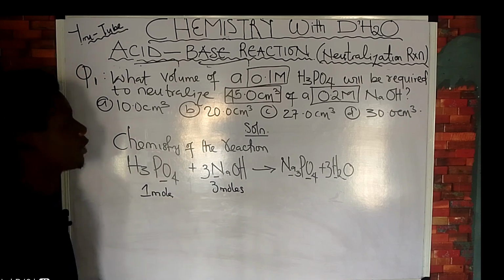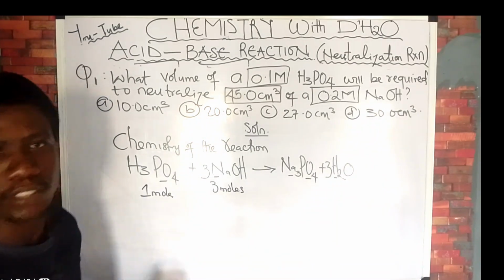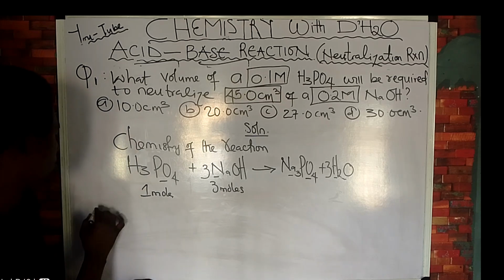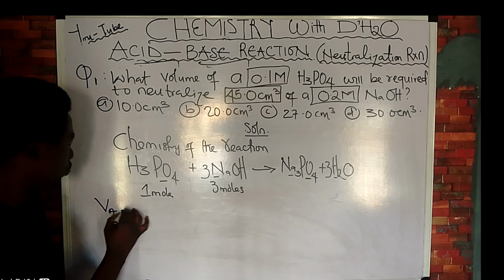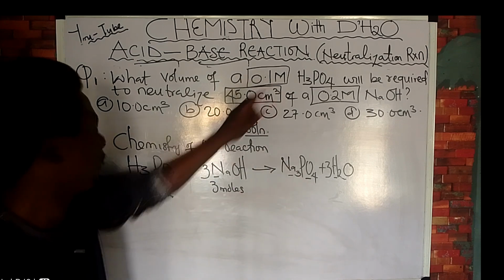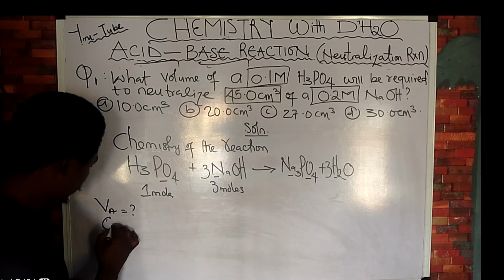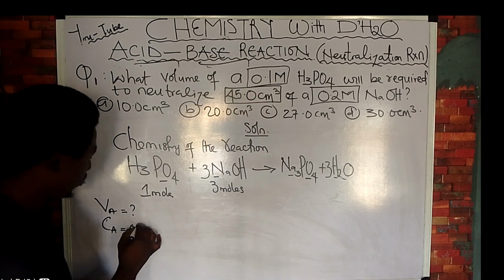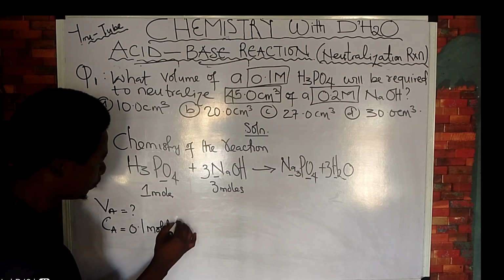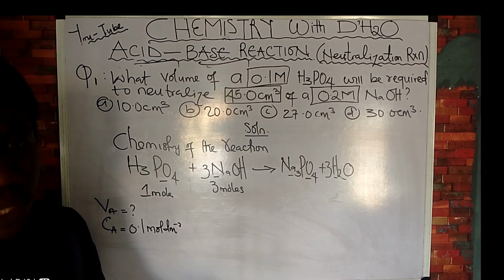Now let's go back to the equation. After balancing the equation, they say we should calculate the volume of the acid. So Va is unknown. They gave us the concentration of the acid, Ca is 0.1 mole per dm cube. Don't forget I told you mole per dm cube is also known as molarity.